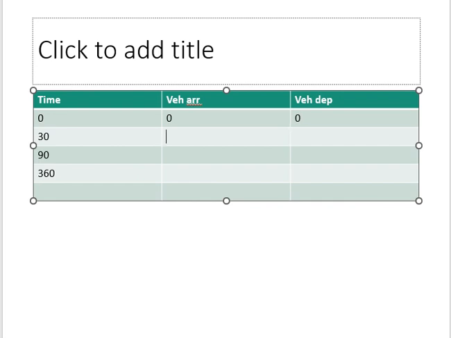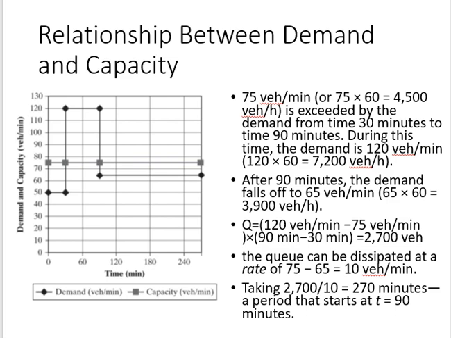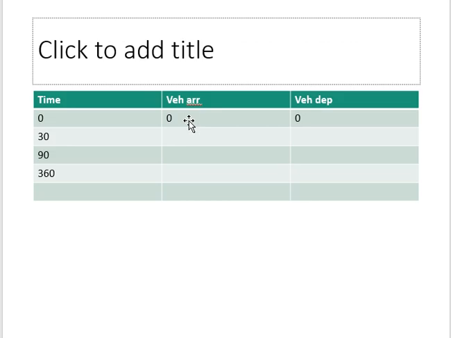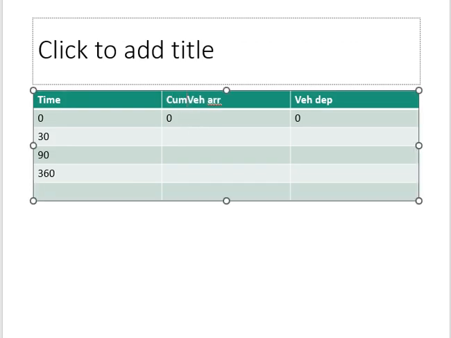At time 30, how many vehicles arrived? Now keep in mind, these columns are cumulative, both of them. I'm asking for the cumulative number, so when I say time 30, I mean from 0 to 30.